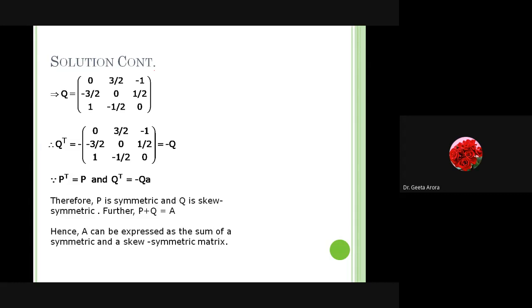I have skipped the whole calculation part; you have to do it by yourself. Here it means that whenever we have a square matrix A, it can be expressed as the sum of a symmetric matrix and a skew symmetric matrix, where for the symmetric part we take A plus A transpose, and for the skew symmetric part we take A minus A transpose.